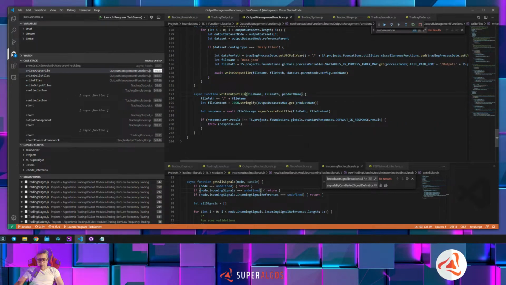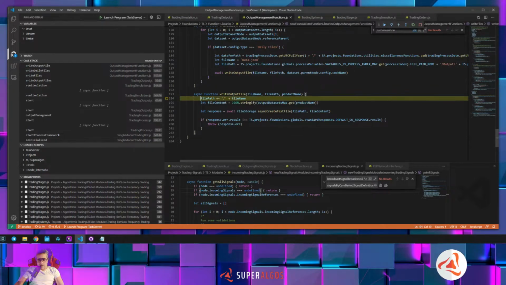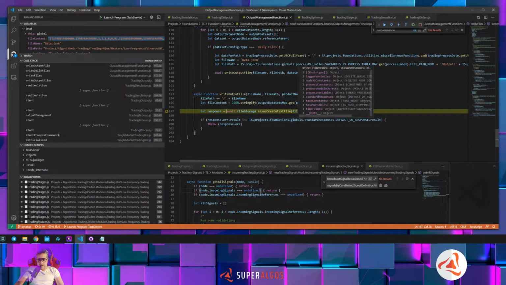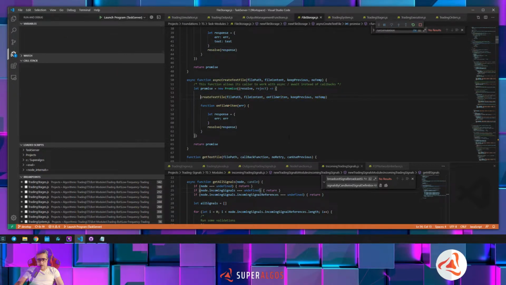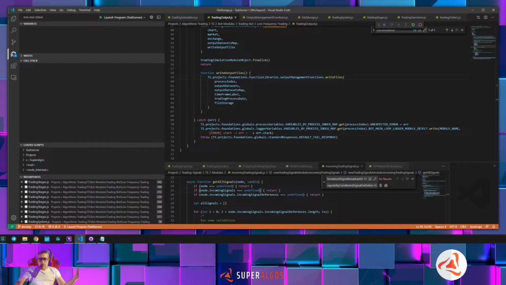And the output file is going to make an await here. And here it returns a promise. And here the stuff gets lost, who knows where. So we're going to fix this. Maybe this helps because this was not awaited.